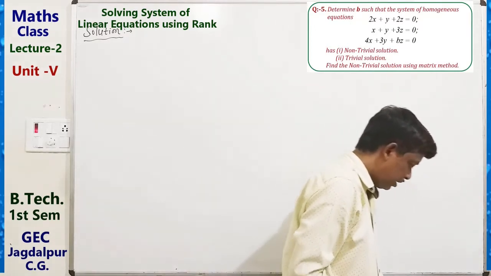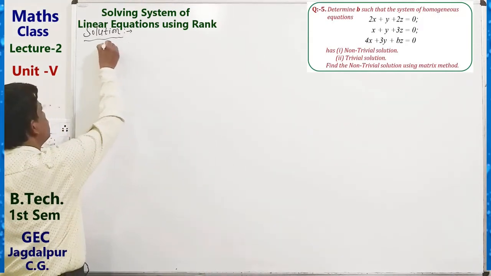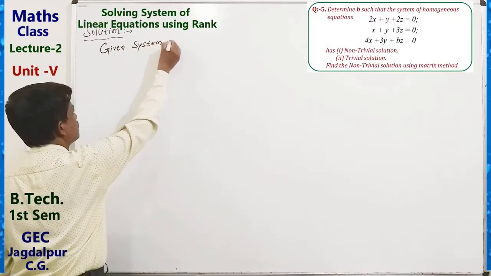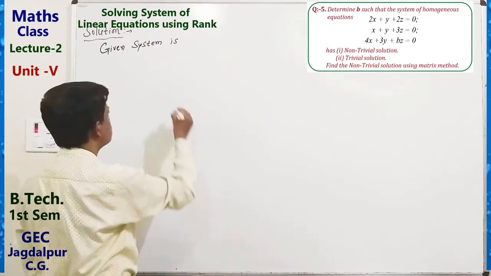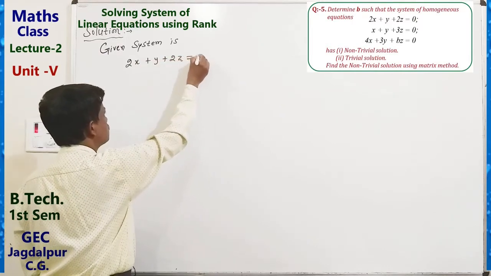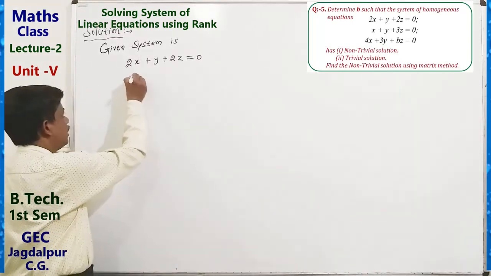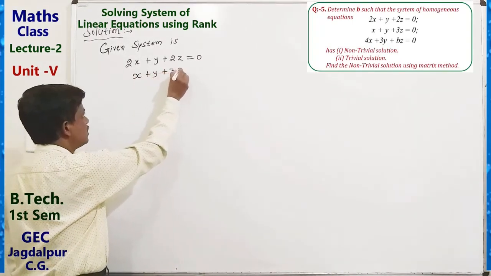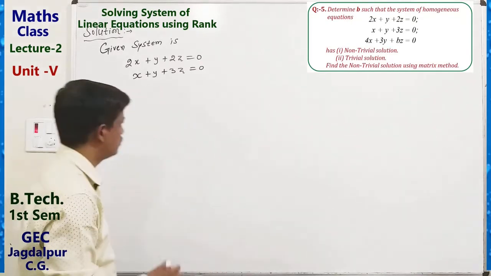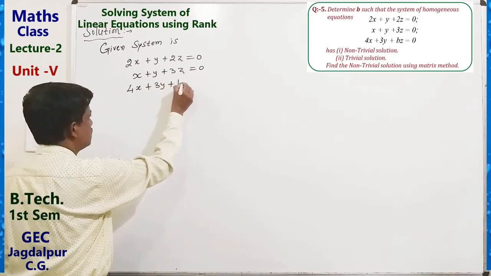So given system is 2x plus y plus 2z equals to 0, x plus y plus 3z equals to 0, and 4x plus 3y plus bz equals to 0.